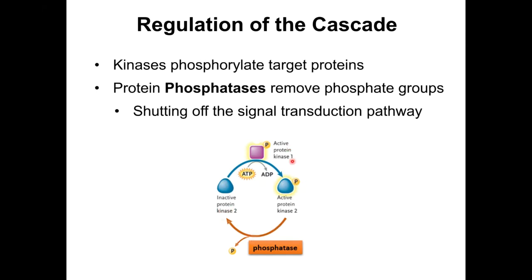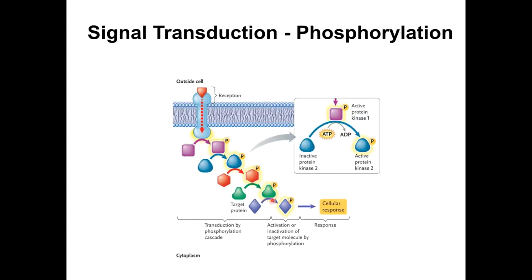So kinases and phosphatases are enzymes that do the opposite thing. Kinases add the phosphate group, turning the protein on. Phosphatases remove the phosphate group, turning it off. All of this is balanced inside so that you have your signal happening, and then this cascade is turned off and ready to get another signal if necessary.